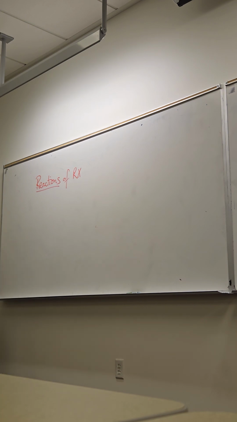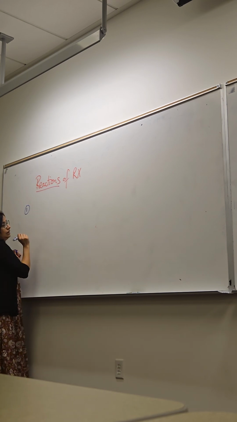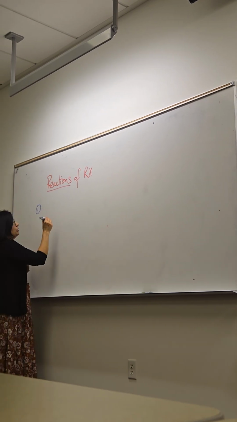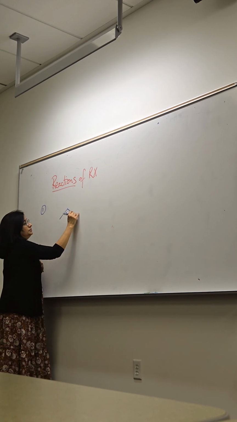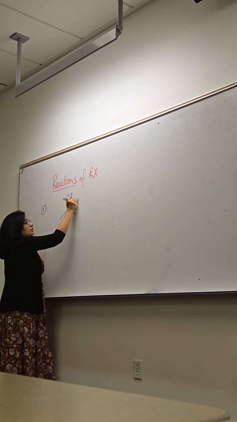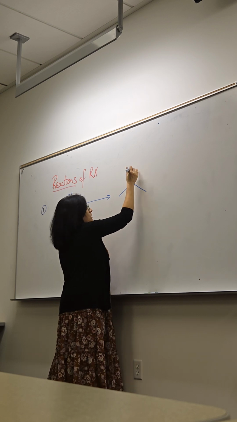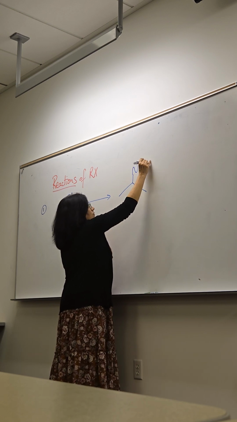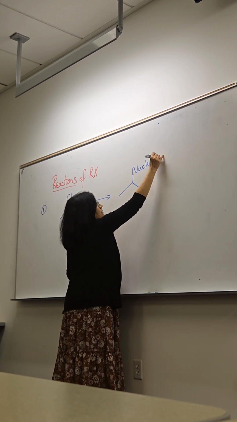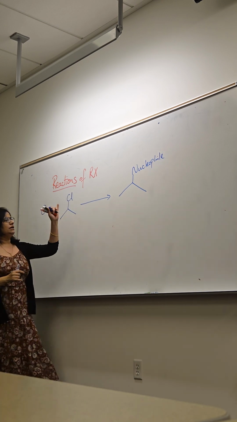Alkyl halides. Now, chapter 11, we are going to focus a lot on this because of the two most important reactions of alkyl halides. For example, let's say if you have this, I can convert this into whatever the nucleophile is. So what would that be?